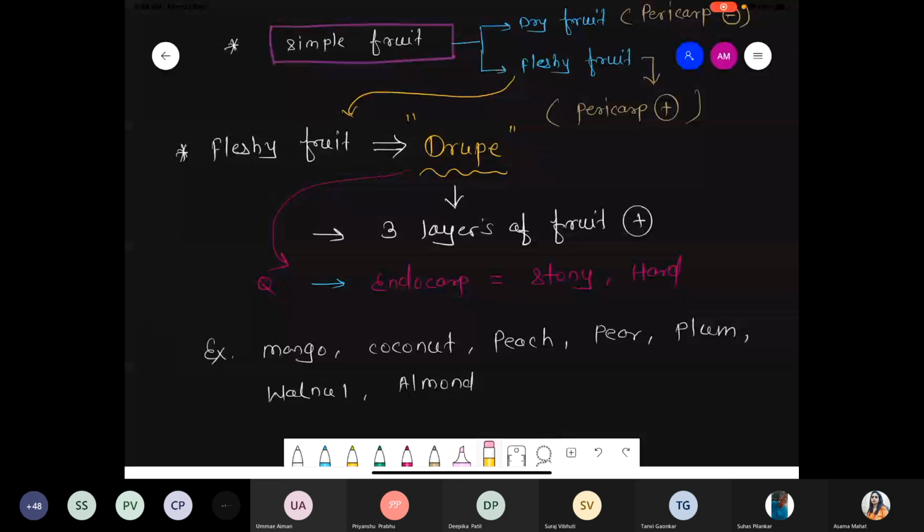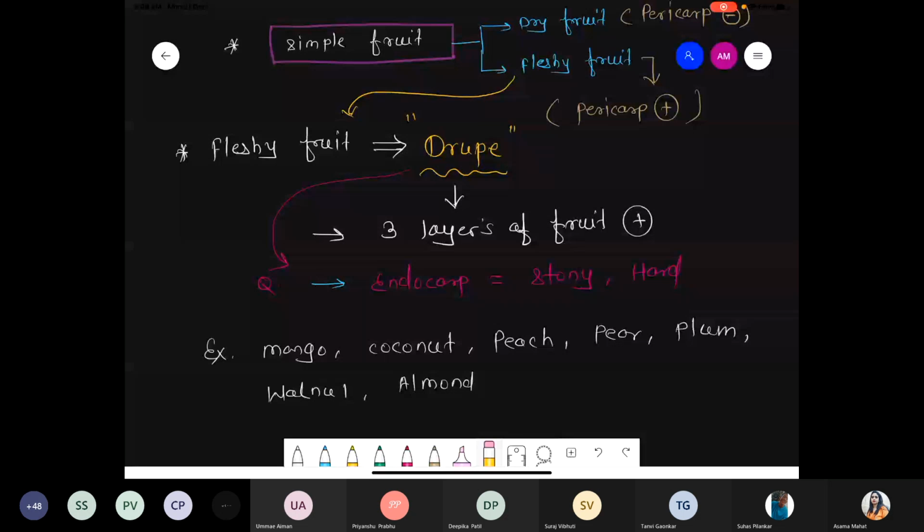Drupe condition means what? Endocarp is stony. And the entire fruit wall is made up of 3 layers, that is epicarp, mesocarp, and the endocarp. So pericarp is present obviously, and within that pericarp all these 3 layers are present. That's why these come under the drupe category. Got it? So examples: mango, coconut, pear, palm, peach, almond, and the walnut.